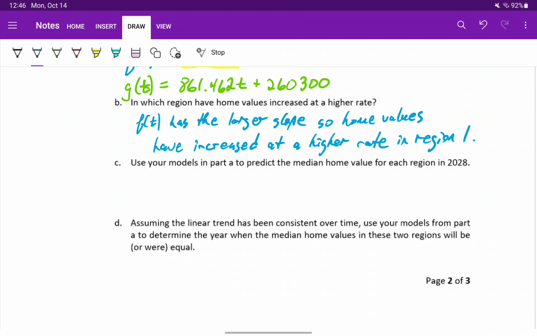Then we want to use our models in part A to predict the median home value for each region in 2028. Still, we're using 2000 as year 0, so what we'll actually plug in is a value of 28 into each model.